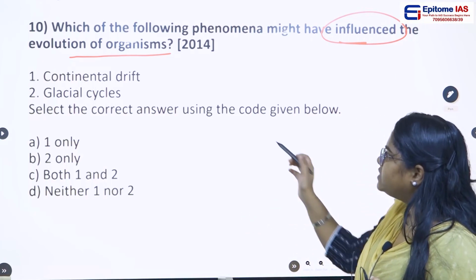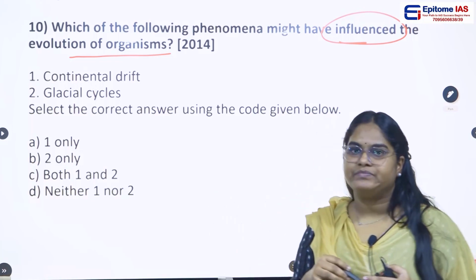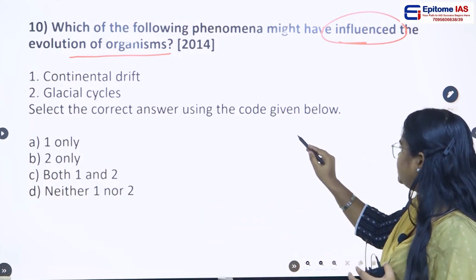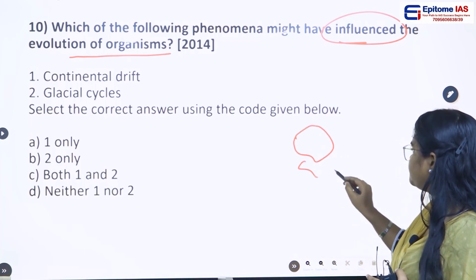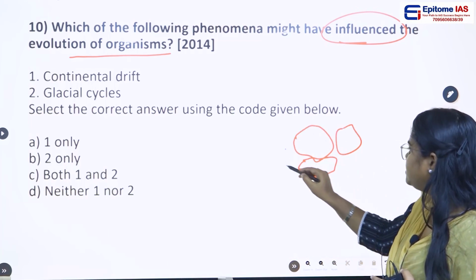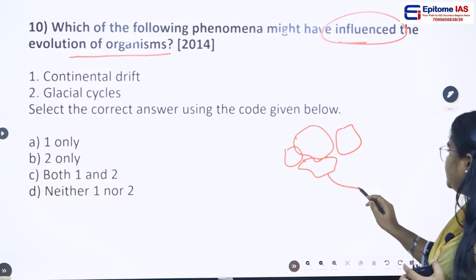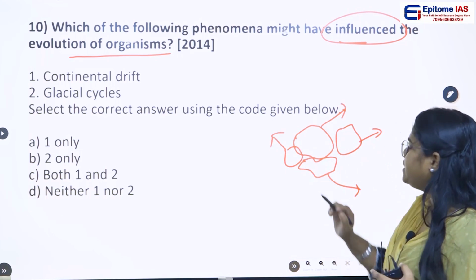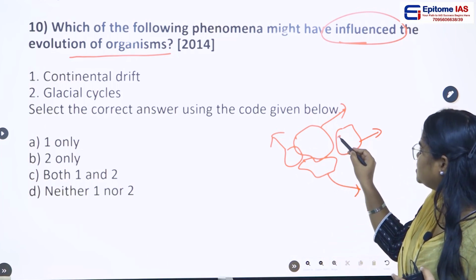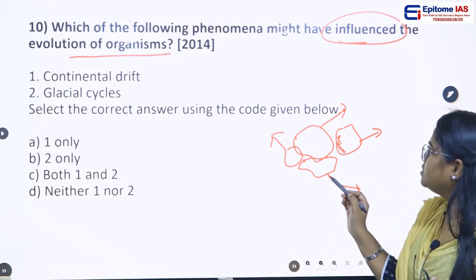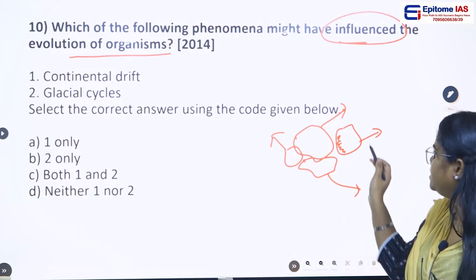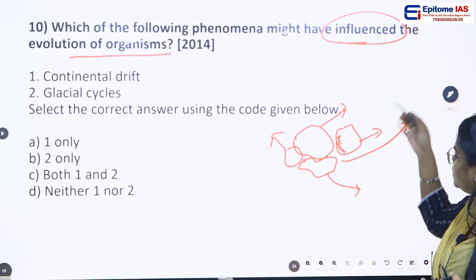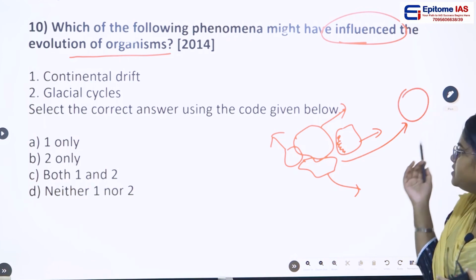So let us say first they have given the continental drift. So what happens during the continental drift? We read this. The continents, initially they were together, then they broke up and these continents moved apart, right? So what happens is, let's say there are some animal species or organisms living on a particular plate, and this plate is moving and joining with some other plate.